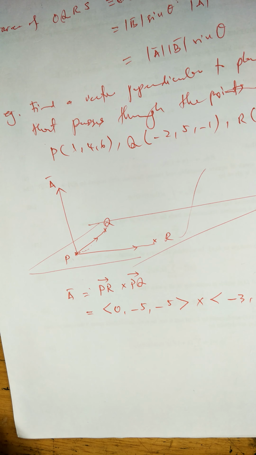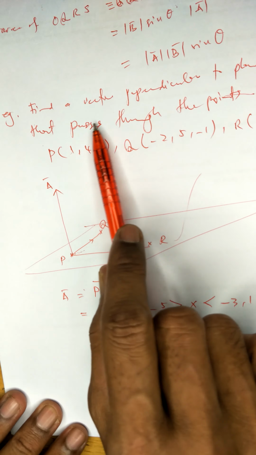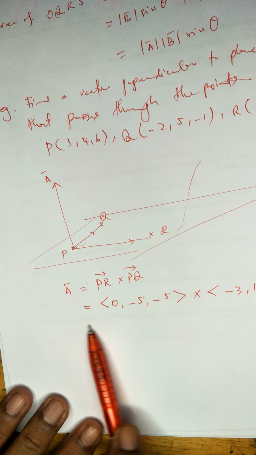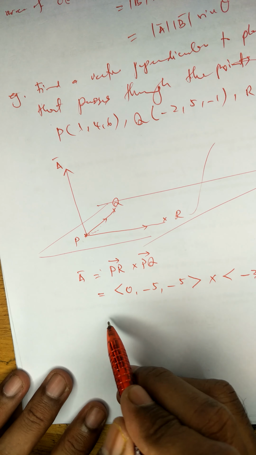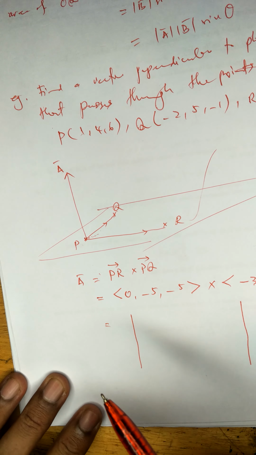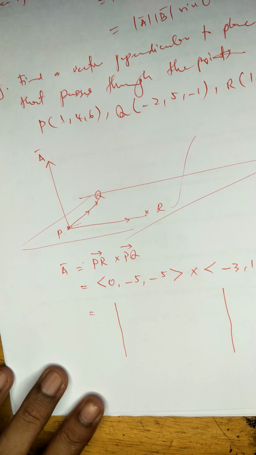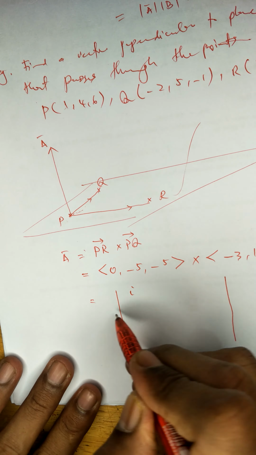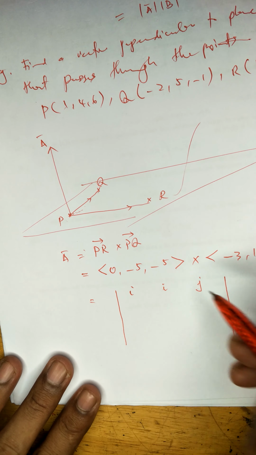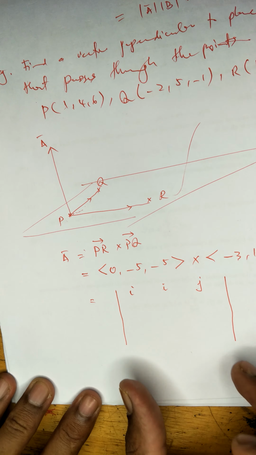Okay, and then you can just perform the product. So what do we want to find? We want to find the vector perpendicular to the plane. So just perform that cross product. How to perform it? You can use the formula that we defined earlier, or you can simply use the determinant of a matrix.